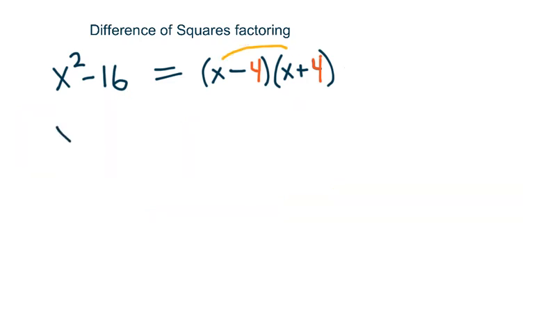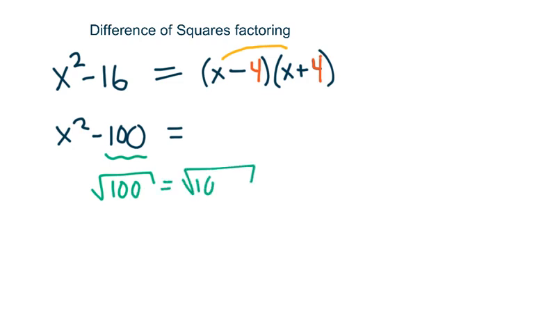Let's try another one. X squared minus 100. Again, you recognize that 100, if you take the square root of 100, it's equal to 10, well, 10 times 10 is equal to 100, so the square root of 100 is just 10.